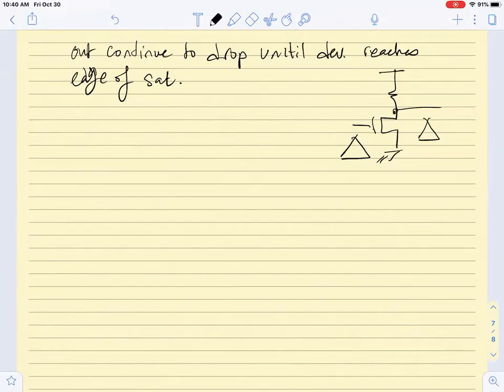As VGS goes up with Vn and VDS goes down, I will reach the edge of saturation. At the edge of saturation, we call this EOS.